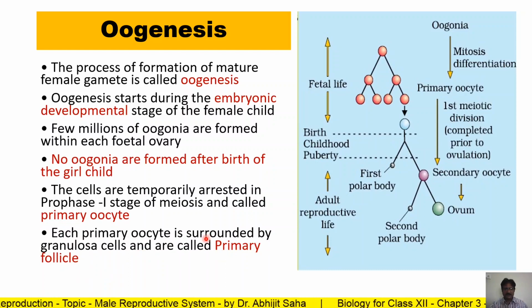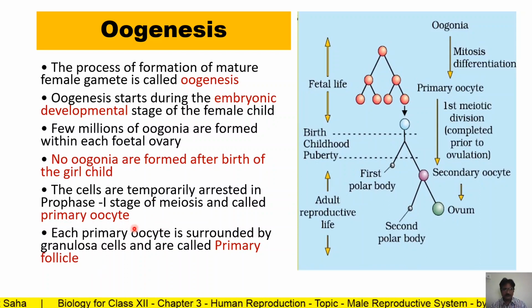Now, in this discussion, let me first remind you that you will come across certain terms which will be confusing: primary oocyte, secondary oocyte, primary follicle, secondary follicle, tertiary follicle, and so on. So the terms primary and secondary come twice, with the oocyte and with the follicle.